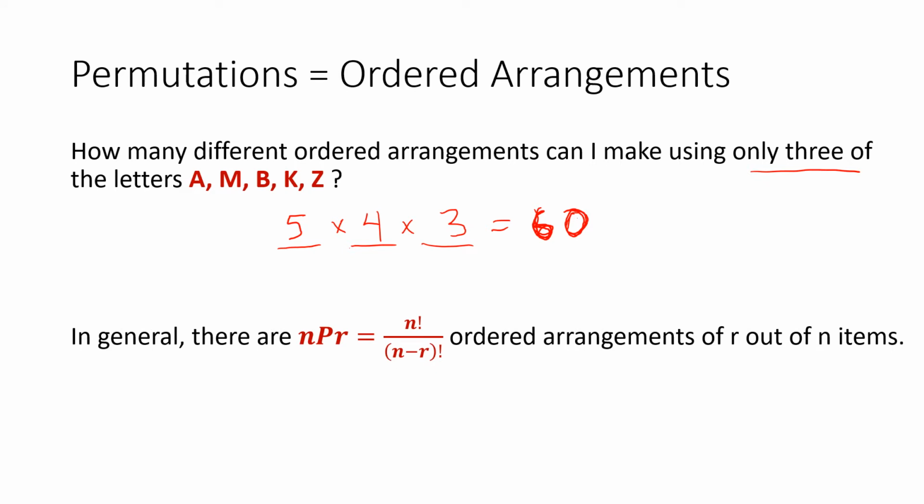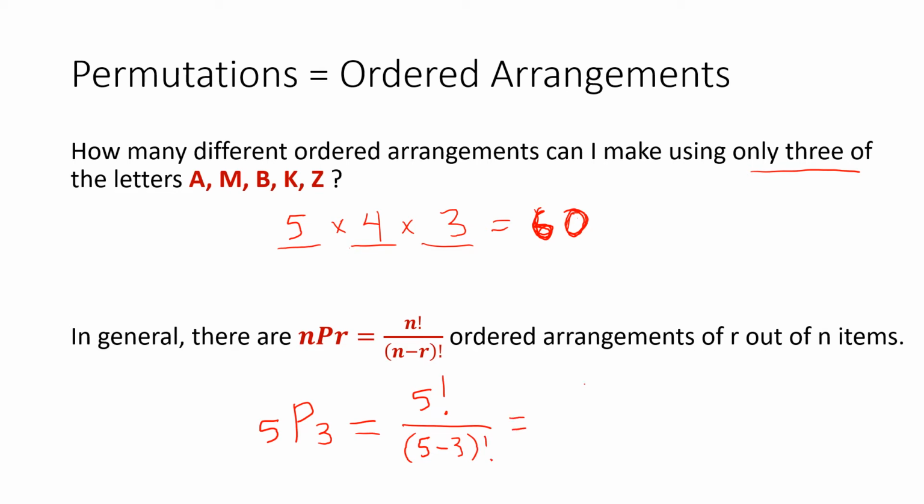Now, in general, we use the notation nPr. So this would be 5P3. I'm permuting 3 out of the 5 letters. And we can calculate the number of ordered arrangements by taking n factorial, so 5 factorial, divided by (5 minus 3) factorial.